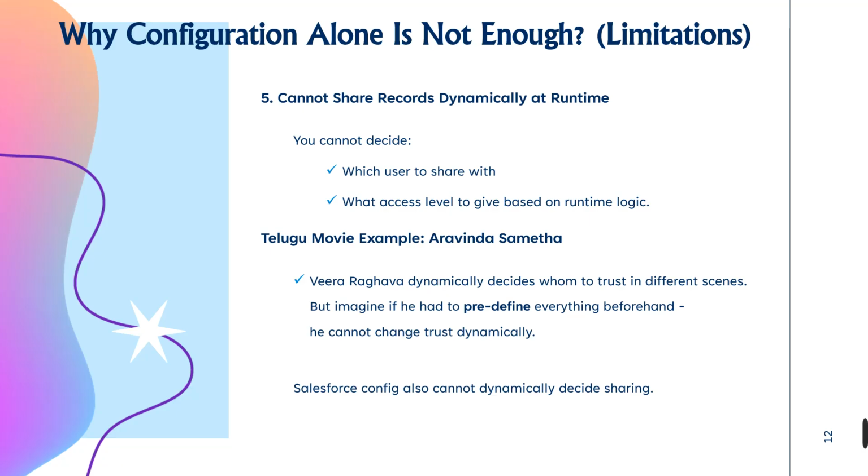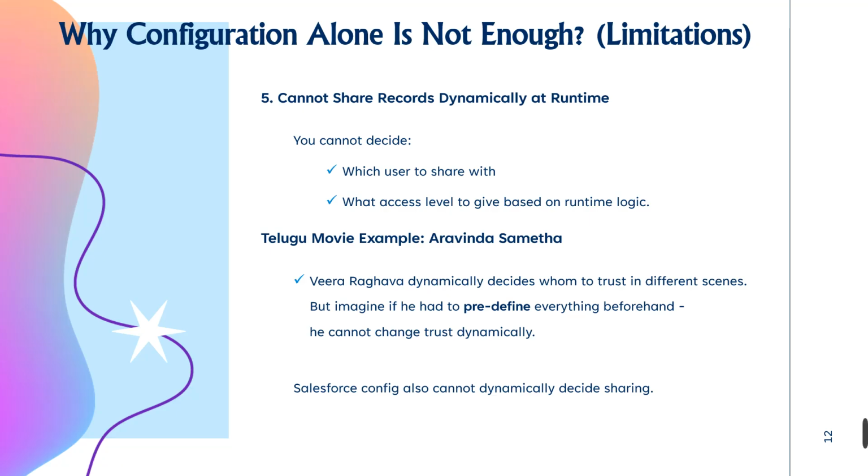That's the simple way I am able to explain. If you're still not able to understand, you can just let me know in the comments. Maybe I will try to explain in a different way so that you will understand this point. So to sum up what we have discussed so far: Salesforce configuration cannot decide who to share a record with while the program is running.